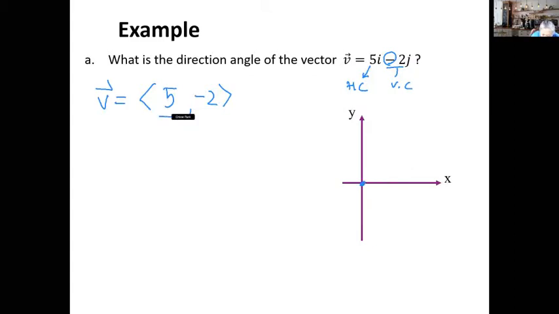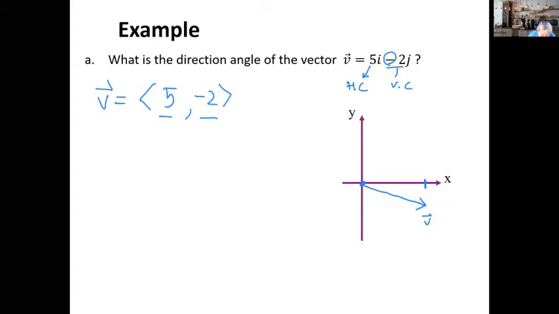So you go to the right by 5 units, and the vertical is negative, so it's -2, 2 units down. This is where your terminal point is. So now we notice that it's quadrant 4. So the vector V is placed in quadrant 4.